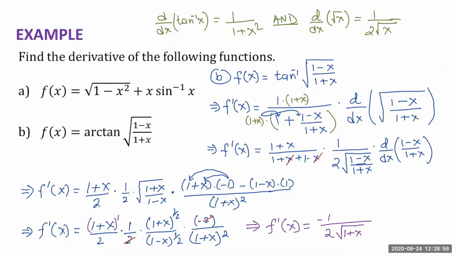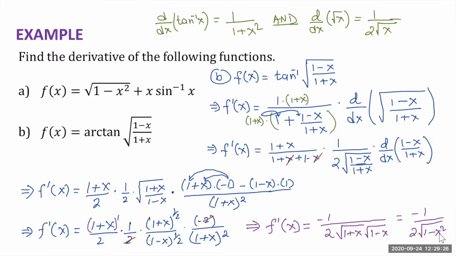And here we have, already we have in the denominator square root of 1 minus x. So the final result will be negative 1 over 2 times the square root of 1 plus x multiplied to 1 minus x, which is 1 minus x squared. Because a plus b multiplied to a minus b, we know the formula.